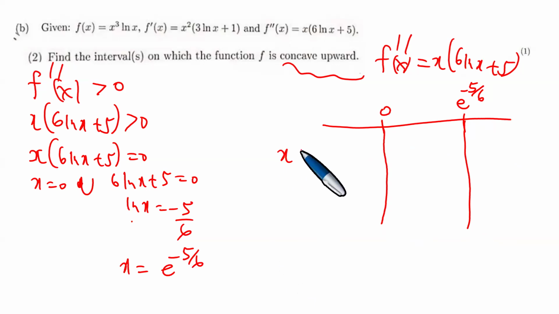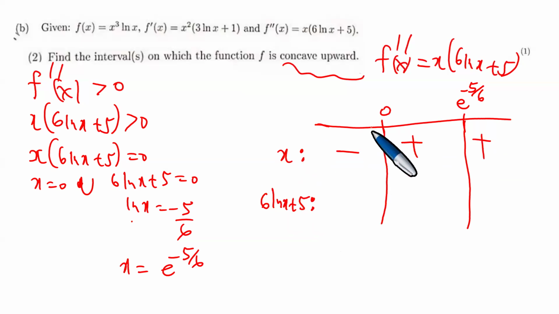So now we have x here, and 6 ln x plus 5 here. Whenever x is negative, you have a negative here, and for positive x you have positive. But for negative numbers, the logarithm does not exist, it is undefined.